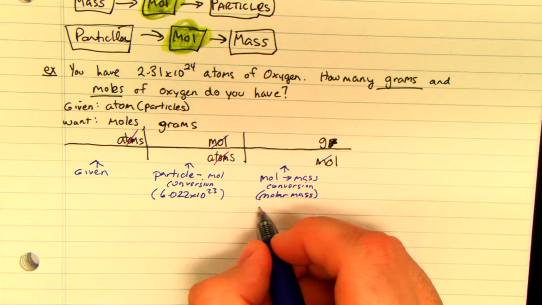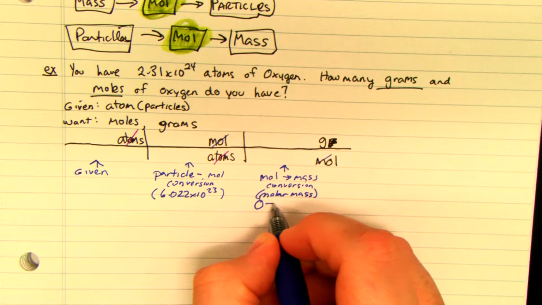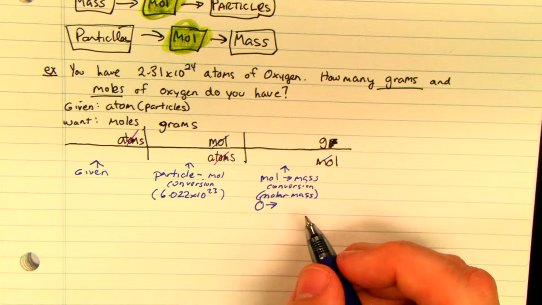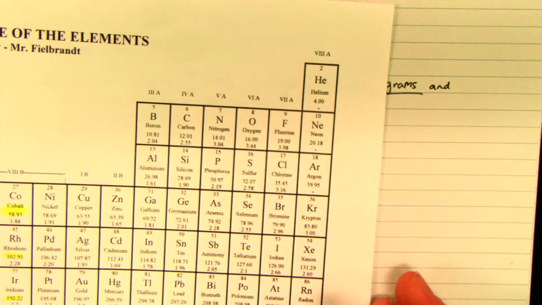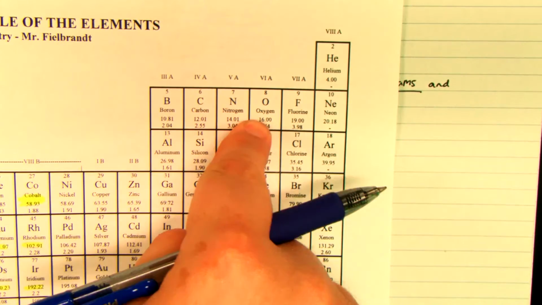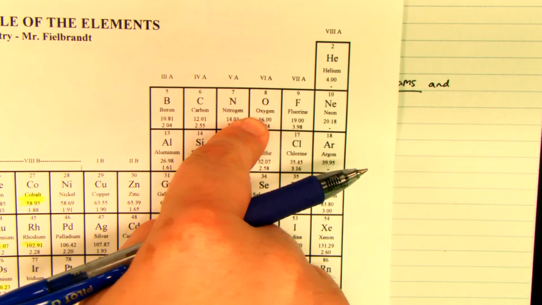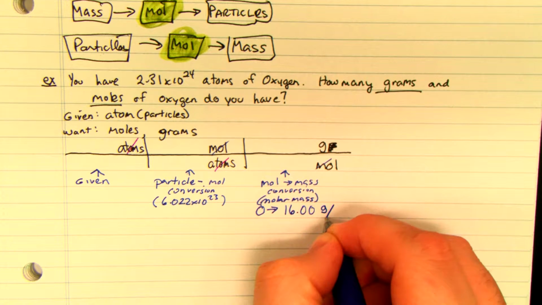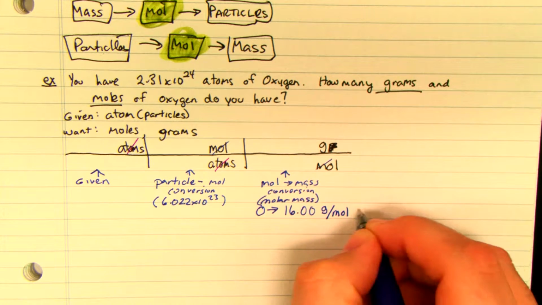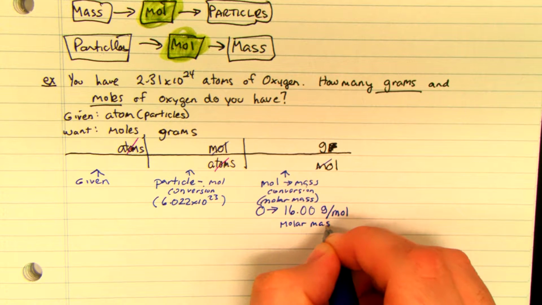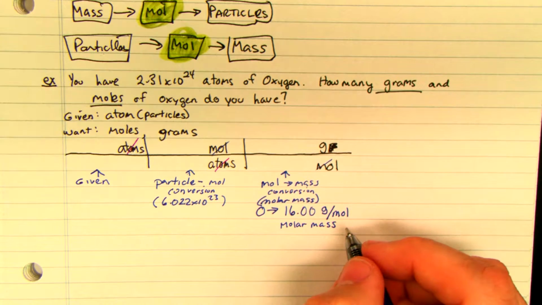So what's the molar mass of oxygen? Well, we got to jump into the periodic table. Here's oxygen. What's the molar mass? 16.00. All right, so I know 16.00 grams per mole. This is my molar mass. Because when we're dealing with molar mass, it's going to be mass per moles.